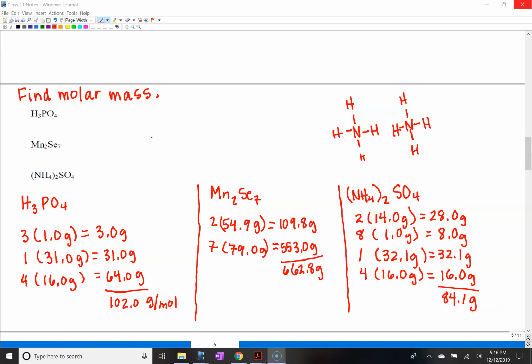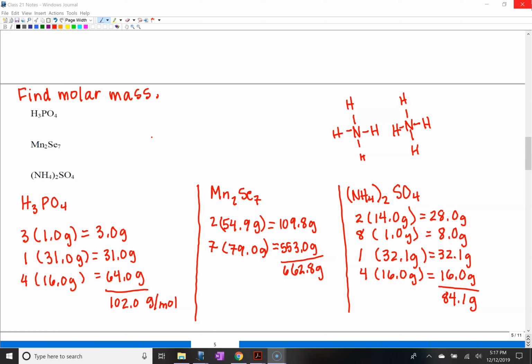The 2 nitrogens each have a mass of 14 grams, so that gives you 28 grams from nitrogen. 8 hydrogens with a mass of 1 gram each gives you a mass of 8 grams from hydrogen. 1 sulfur has a mass of 32.1 grams, which gives you a mass of 32.1 grams from sulfur.